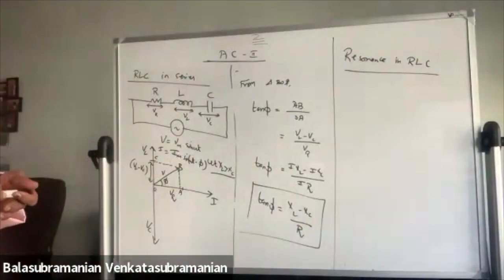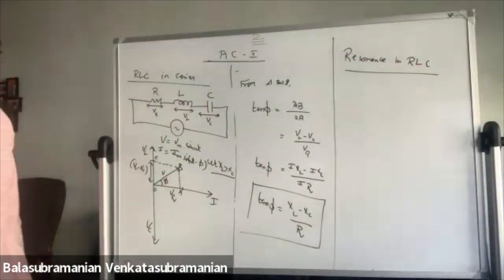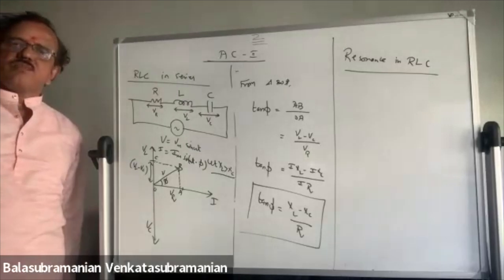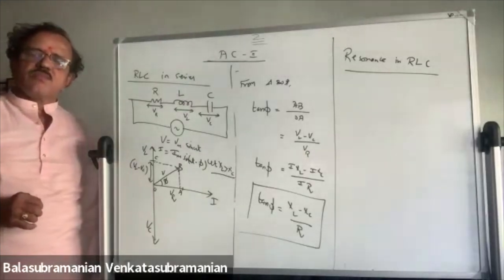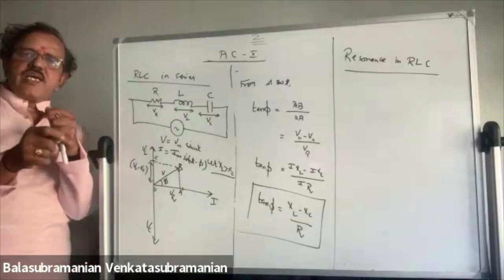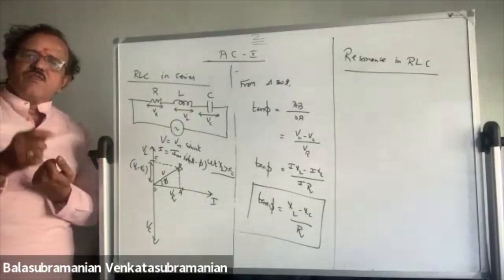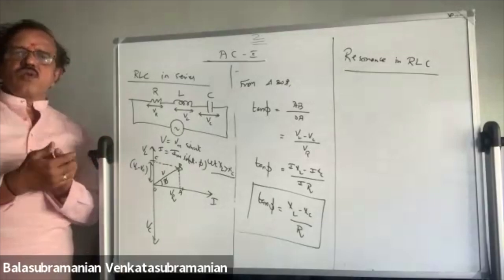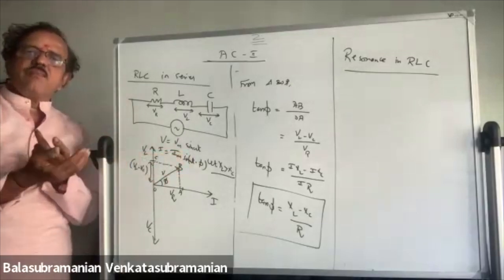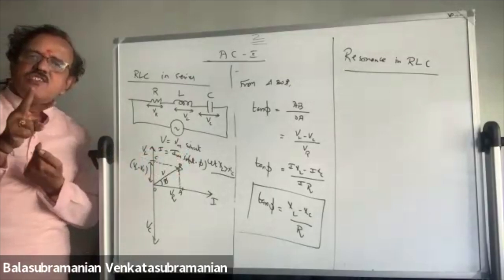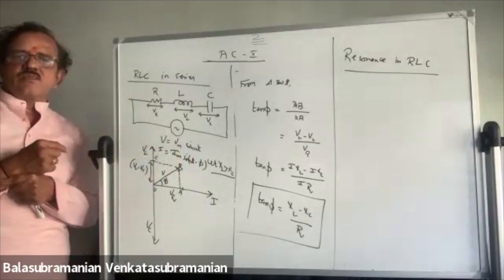Resonance. What is called resonance? Generally, in mechanics, we have studied the sonometer example last year. When the tuning fork is struck and kept on the wooden board of the sonometer, when the frequency of the tuning fork and the frequency of the vibrating wire match, there exists a resonance condition.